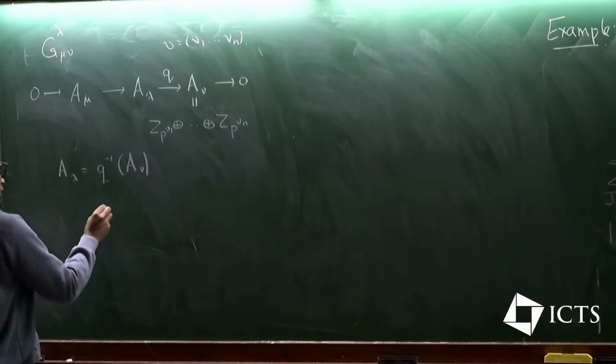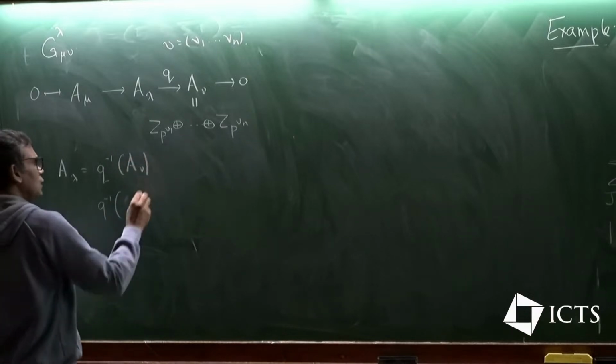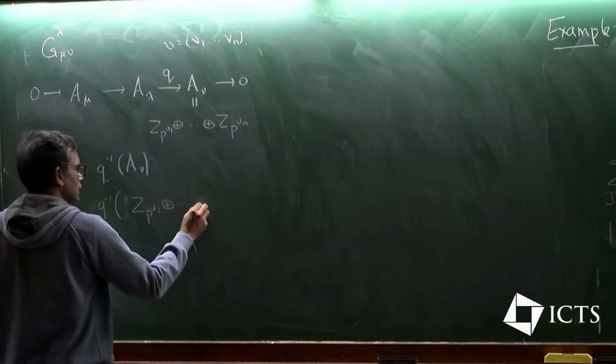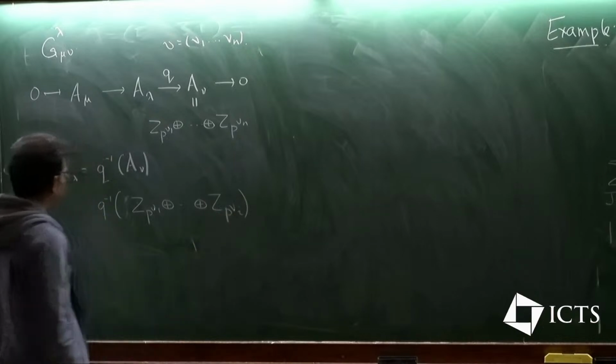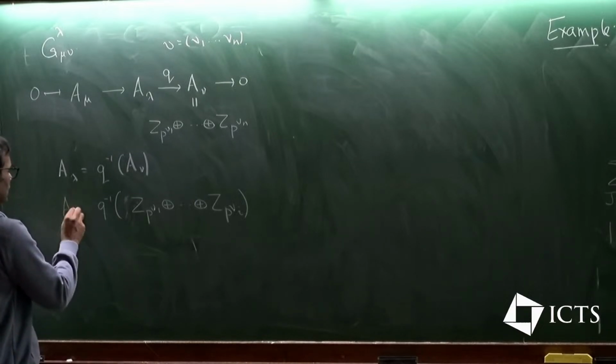But we can look at Q inverse of a part of A nu, Z/p^nu_1 plus up to Z/p^nu_i, let's say. So this is going to be a subgroup of A lambda, so we'll call this A lambda i.